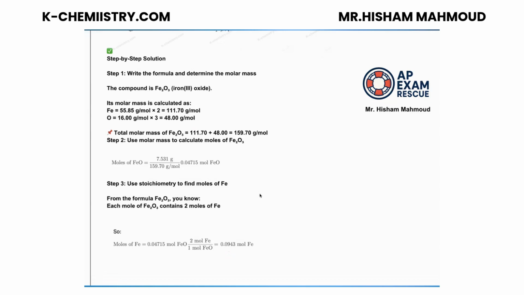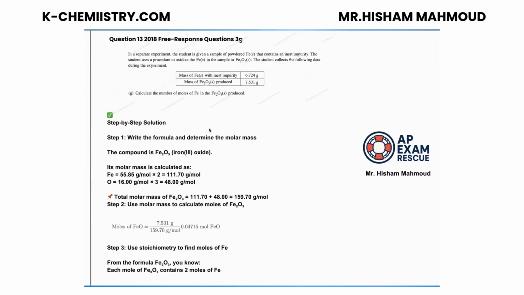The last step, by the way, which I haven't taken until now, but I will be solving. If you found the moles of Fe₂O₃, you can find the number of moles of Fe as well. This will happen by knowing the reaction stoichiometry.